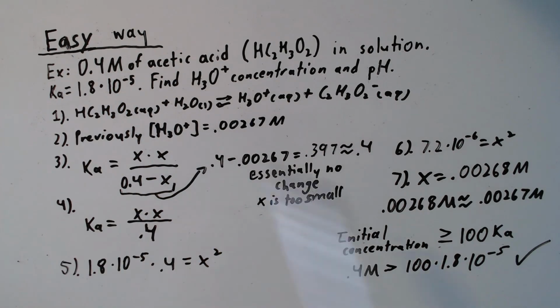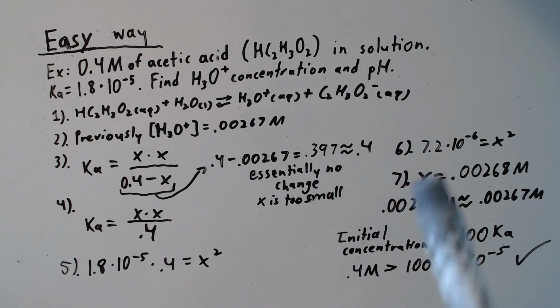So if this initial concentration of the acid is 100 times or more greater than the Ka, then we can use this approximation, because that means that this Ka is so tiny in comparison to the initial concentration that so little of this acid dissolves that we do not actually care about this minus x on the bottom. We can essentially keep the initial concentration of this acid. And in this case, the 0.4 molar is obviously much greater than 100 times 1.8 times 10 to the negative fifth. That means that so little acetic acid dissolves that we can essentially ignore this x and solve this problem.